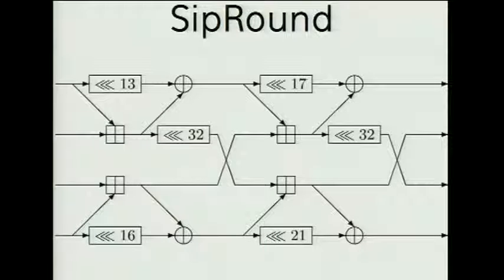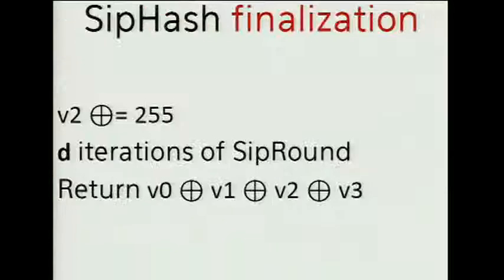We use 13, 17, 16, and 21 because it satisfied our criteria of security and diffusion, and the 32-bit rotation adds more security, and it's easy to implement on 32-bit machines. And the finalization is just XORing the byte 0xFF, doing d iterations of SipRound, and XORing the 4 state words together and returning the 64-bit value.